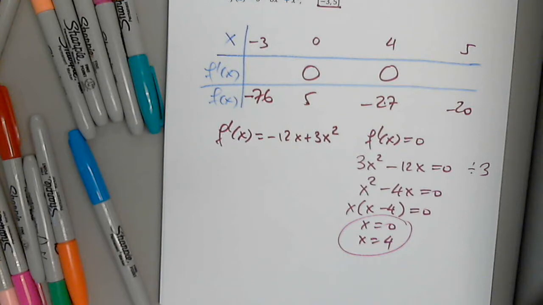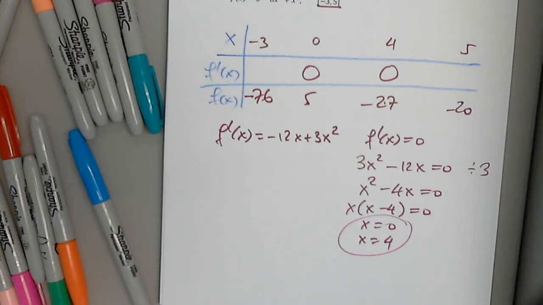And I will study the sign of the derivative between -3 and 0, between 0 and 4, and between 4 and 5. As you see, the derivative is a second degree polynomial function with a positive leading coefficient. You can say we're not graphing the derivative. Of course, we're not. I'm talking about the sign.